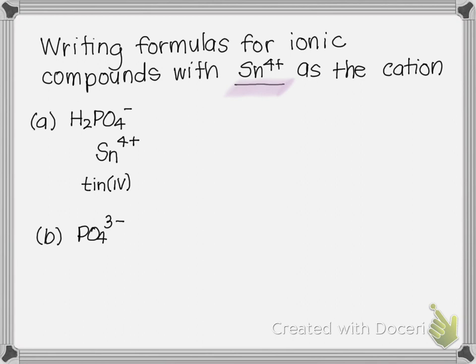can have a 2 plus and a 4 plus cation. So it's tin(IV), and then the polyatomic ion they give you is H2PO4 with a negative. So remember, polyatomic ions have more than one element that are bonded together, and in this situation, it gained one electron to make that stable.